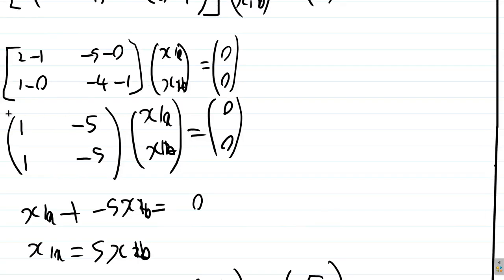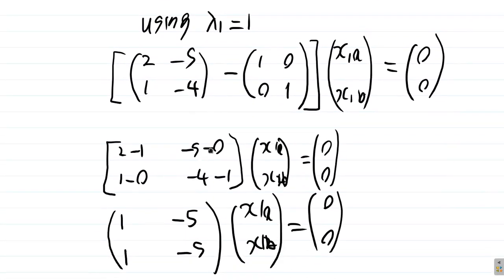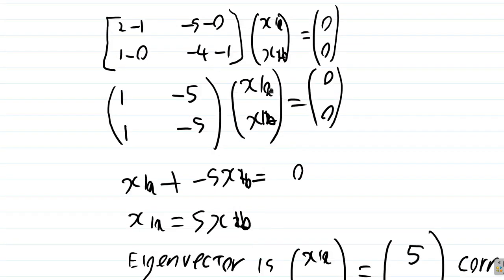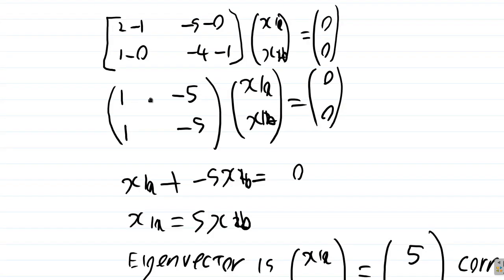When you work it out like that, you put it in this form, subtract the corresponding elements, simplify, multiply the matrices. You should have these lined up. Here the two rows are the same.